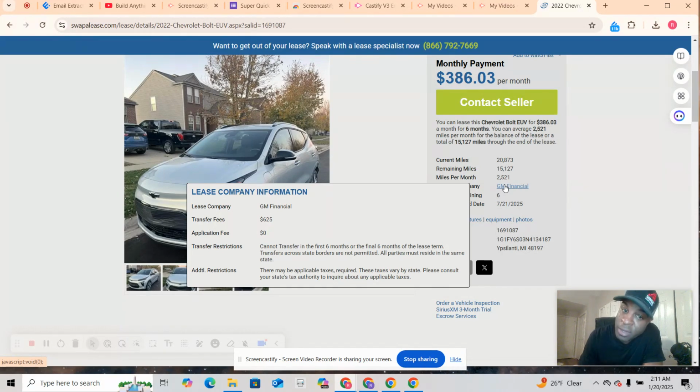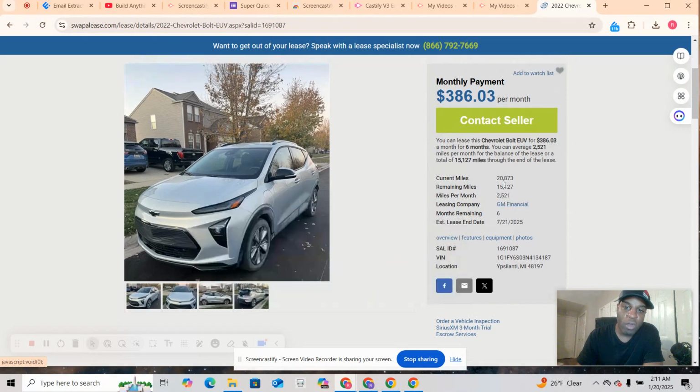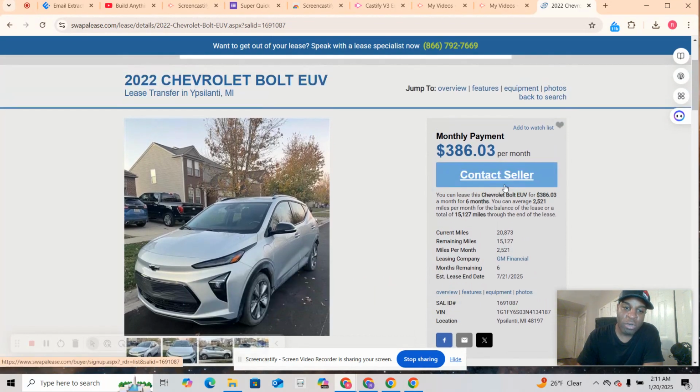Even though you're coming in towards the end of the lease, it'll show that you have a lease paid off in 6 months. Now, once the lease is reflected on your credit, it'll show that you have a lease active.